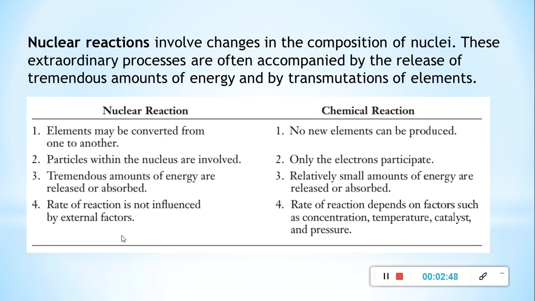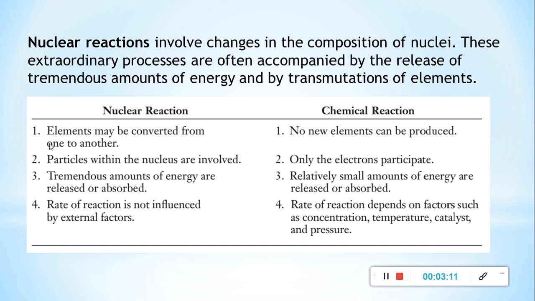Nuclear reactions involve changes in the composition of nuclei. These extraordinary processes are often accompanied by the release of tremendous amounts of energy and by transmutations of elements. In the table shown, we can differentiate a chemical reaction from a nuclear reaction.